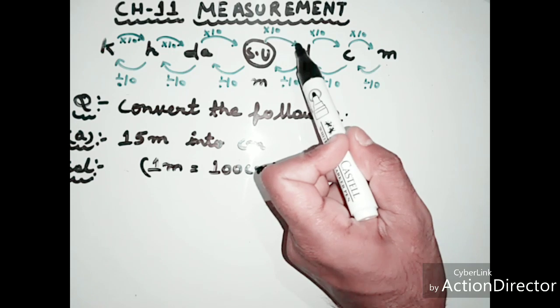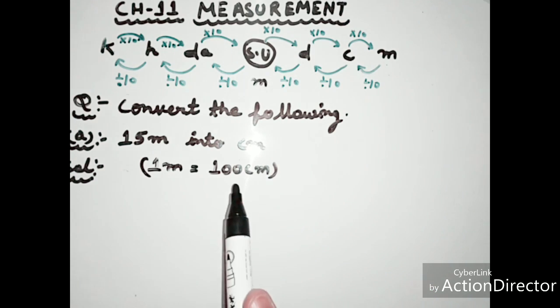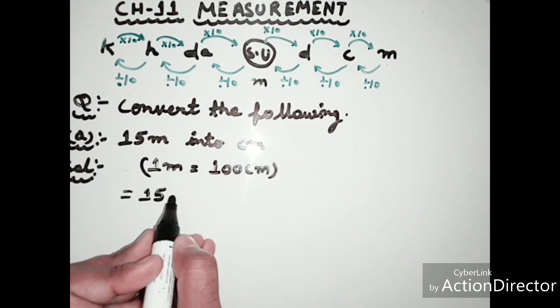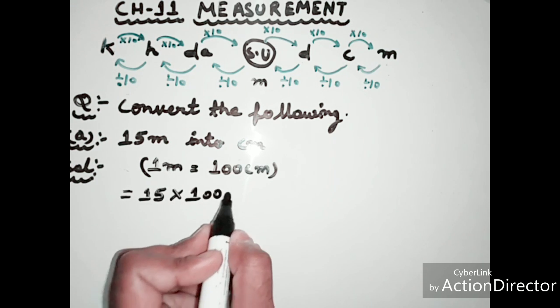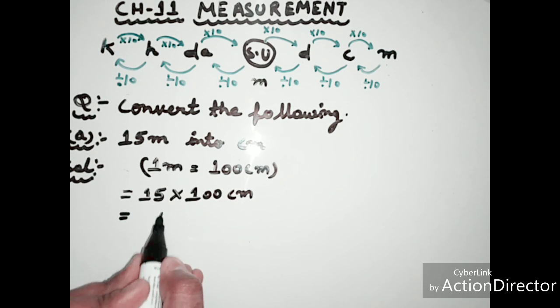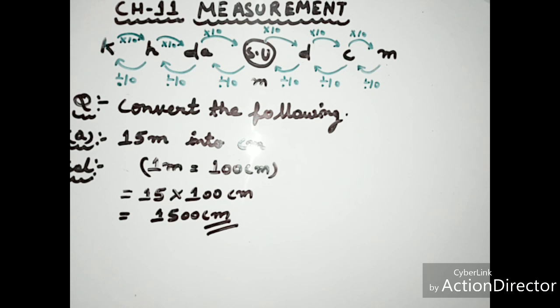So we move 2 places, mean 10 multiplied by 10 equal to 100 centimeter. And now we multiply 15 meter into 100 centimeter. So when we multiply 15 into 100, we get 1500 centimeter.